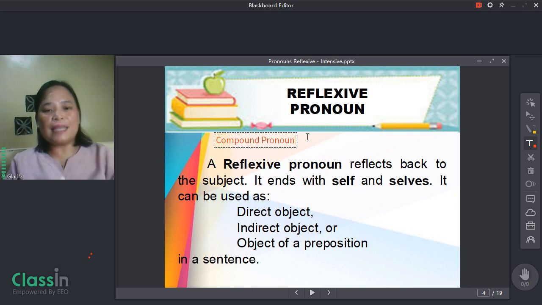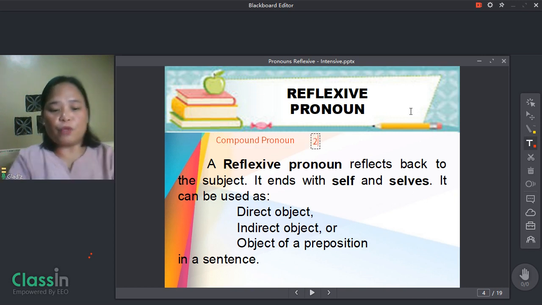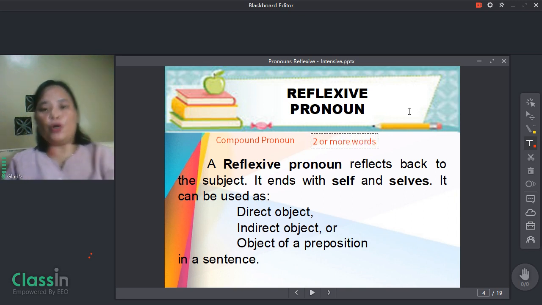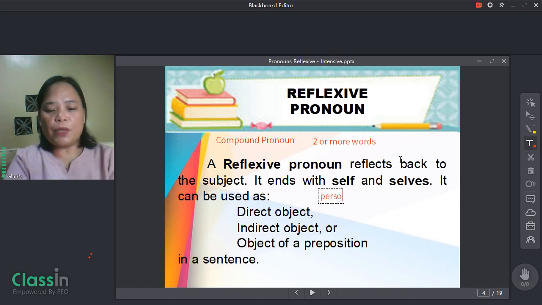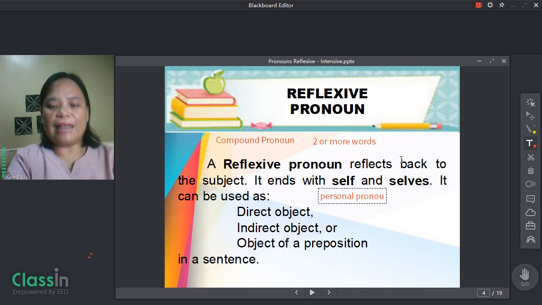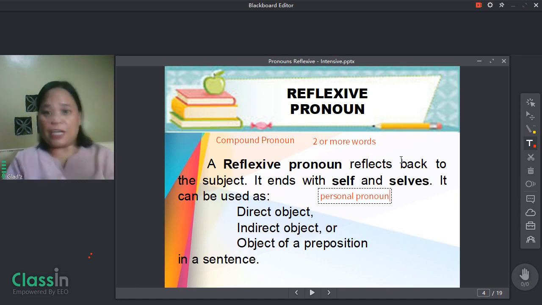Why is it a compound pronoun? Because when we say compound pronoun, it is composed of two or more words. In the case of a reflexive pronoun, it is a combination of a personal pronoun. We are done discussing personal pronouns last meeting.